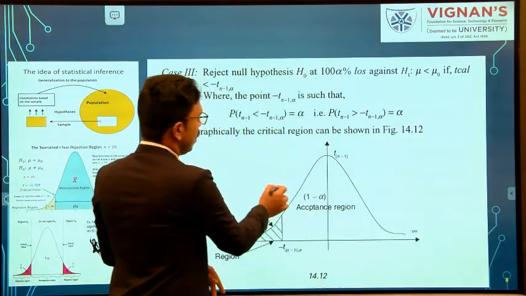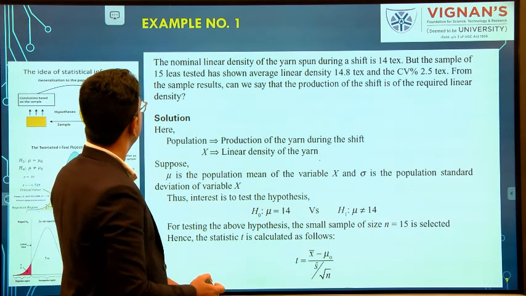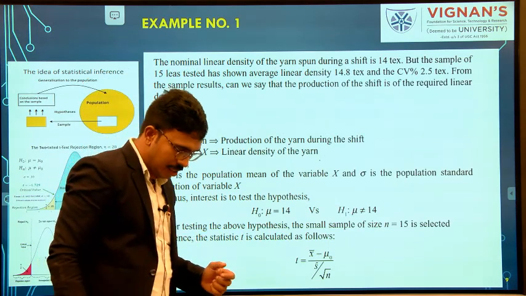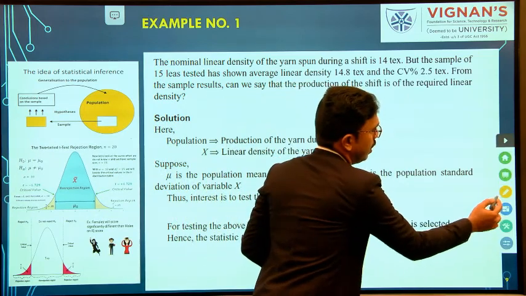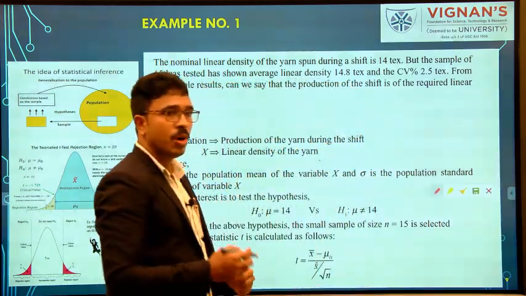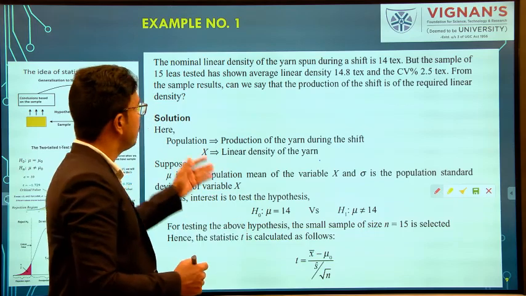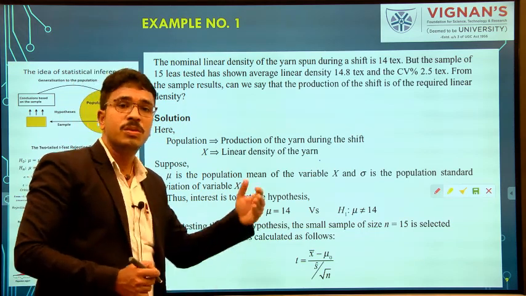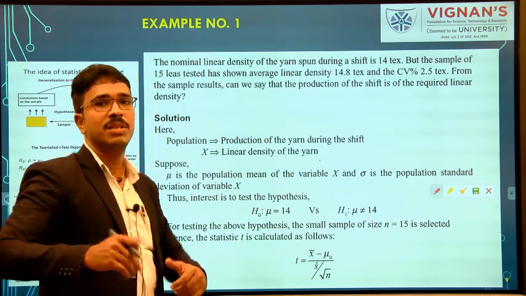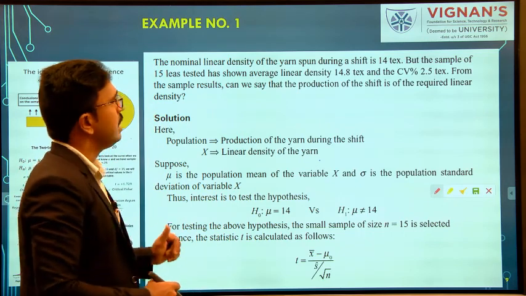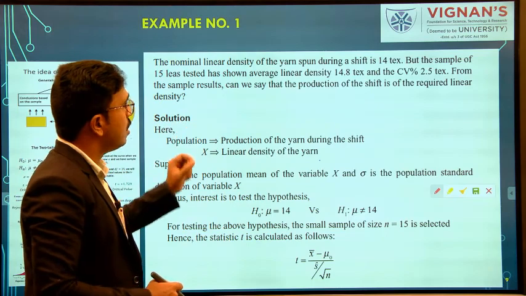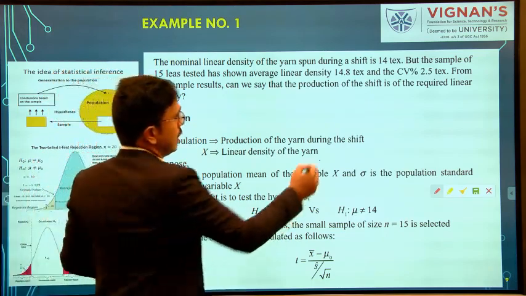Now, here you can see one example where you can easily understand what this t-test is, how to set the hypothesis, and how to compare with the table value to make the decision. The nominal linear density of a yarn spun during a shift is 14 tex.